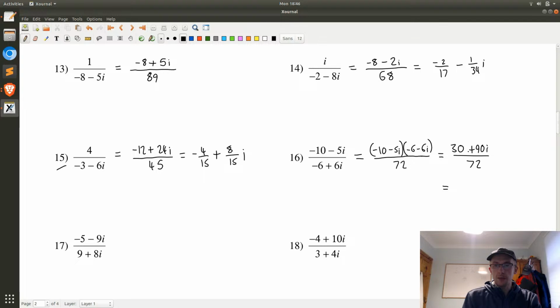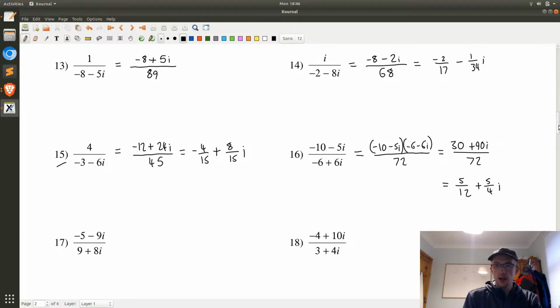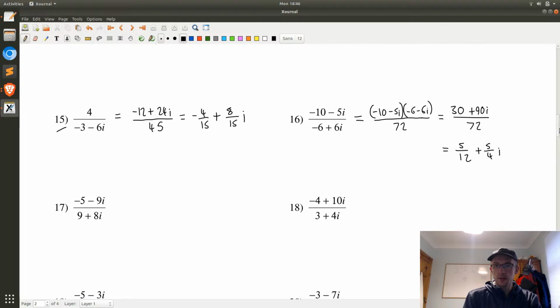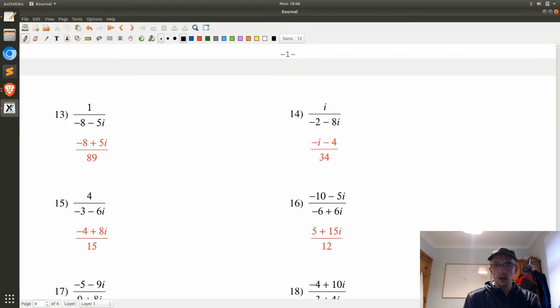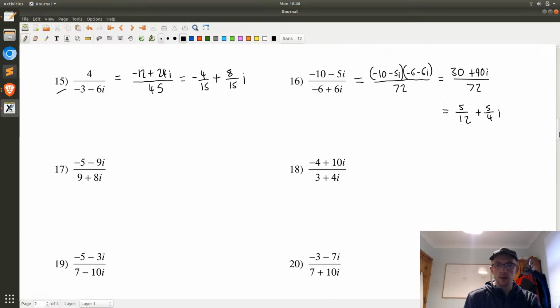So what happens? Well, we get 10 over 24, so 5 over 12. 30 over 24, so 15 over 12, that's just 5 over 4. Did I recover 5 over 12 add 5 over 4i? Great, I did. No problem at all.